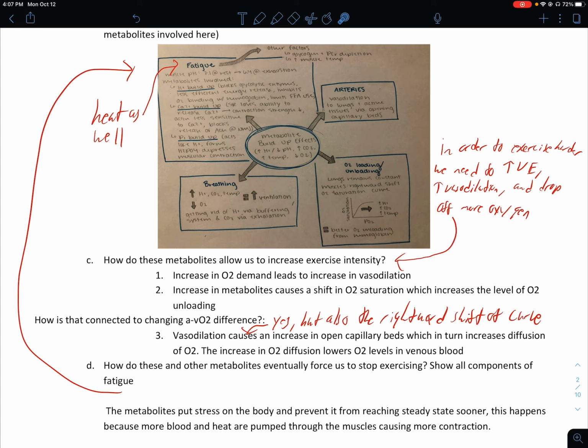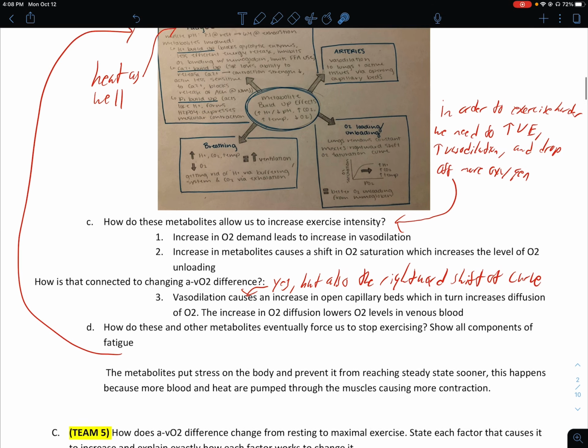Well, in order to exercise harder, we have to breathe more, right? We've got to increase ventilation, we've got to get more blood to the muscle, increase vasodilation, and we've got to drop off more oxygen, right? So that's the rightward shift. So all of those things that are happening because of CO2 and temperature and hydrogen, those are all necessary for us to exercise harder, right?